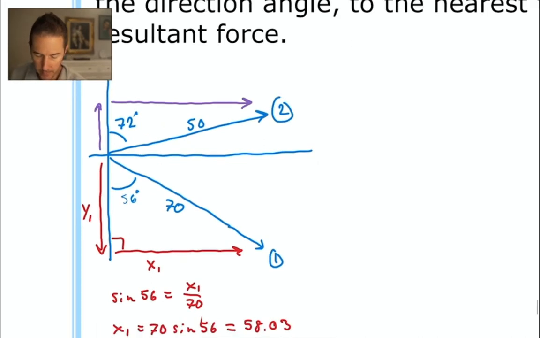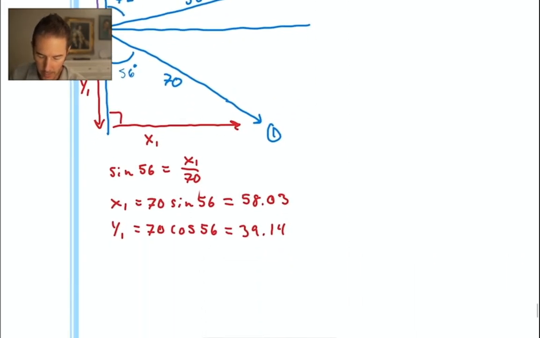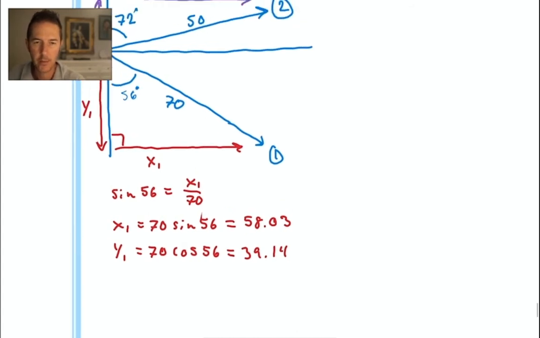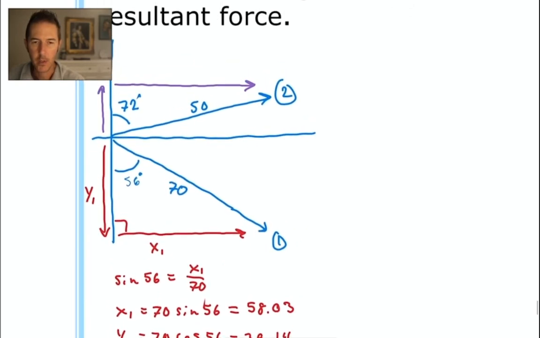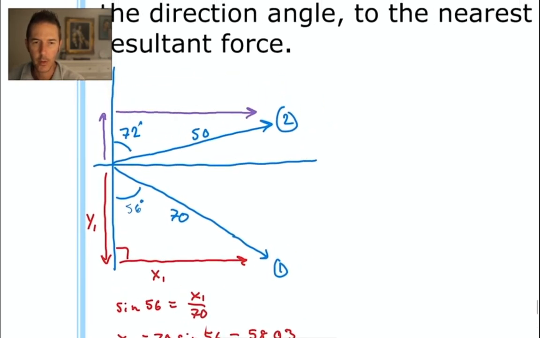And that reminds me, up versus down in the y direction, I think maybe we should take this 39.14 and make it negative. Or we could, the calculator didn't actually return a negative value, so I don't want you to put a minus sign in front of that 39.14 and not know where it came from. So we'll just include a note later when we start combining these vectors or adding them together. We're going to make that 39.14 negative because it's pulling in the downward direction.